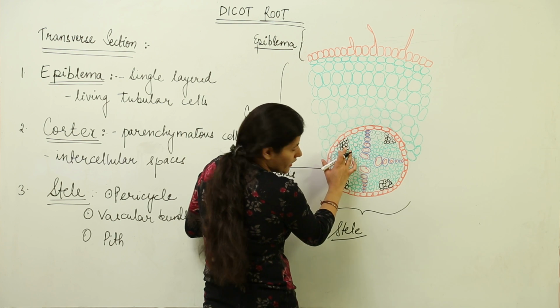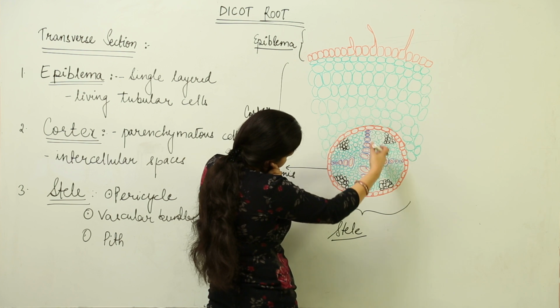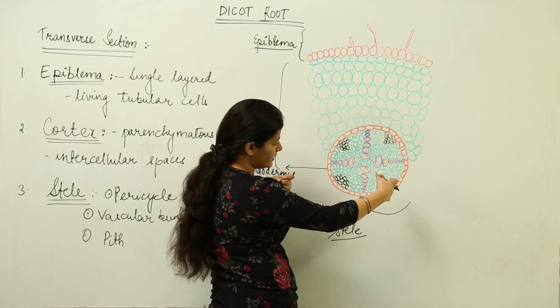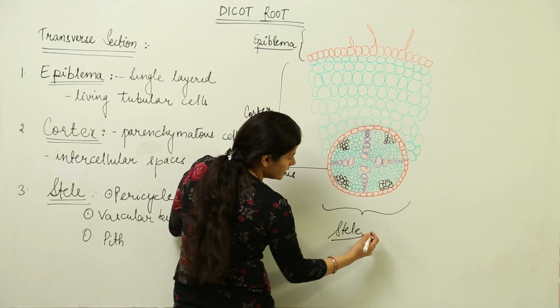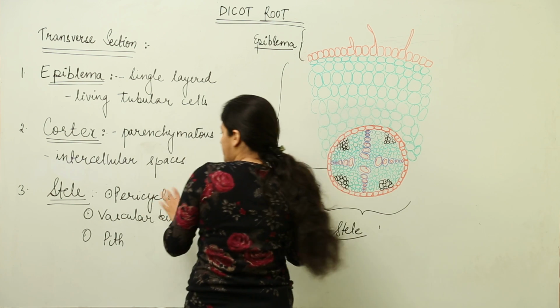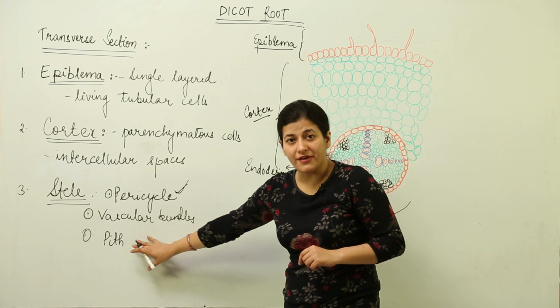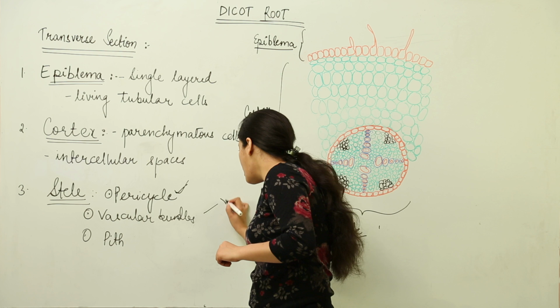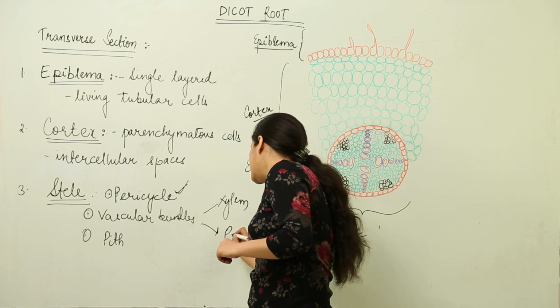Okay, now in the stele, what you see over here is that there are different types of cells. I have used different colors for depicting the different types of cells. Inside the stele, we have written over here, there is a pericycle, that is again parenchymatous cells. There are vascular bundles which comprise xylem and phloem, and there is a pith.